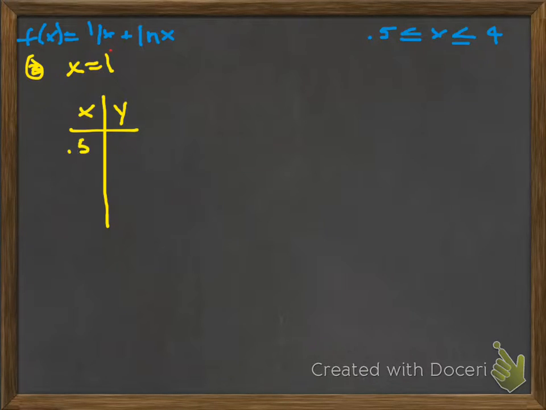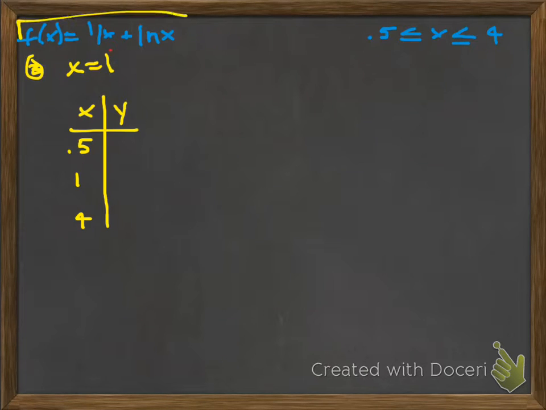And what we're going to do is we're going to plug our endpoints of 0.5 and 4 and x equals 1 into our original function. So, when we plug in x equals 0.5, we get about 1.31. And when we plug in x equals 1, we get 1 for y. And when we plug in x equals 4, we get 1.64 for our y.